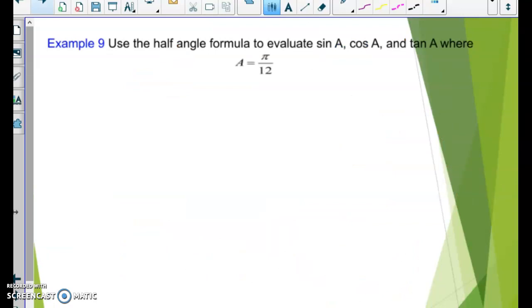Use the half angle formula to evaluate the sine, cosine, and tangent. So I know that the sine of pi over 6 divided by 2, and I can use my half angle formula. In the first quadrant where this is, it's going to be positive.